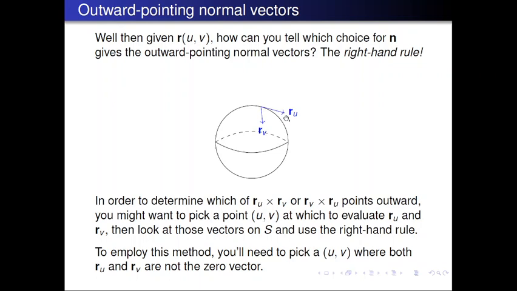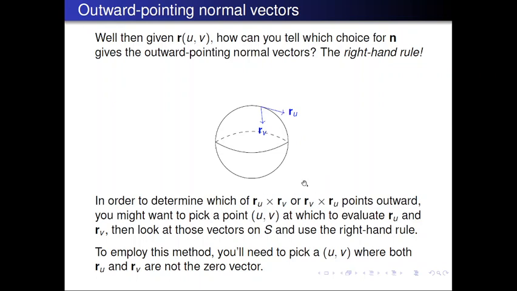If you have two distinct pieces to your surface that have two different parameterizations, you will need to check each different piece. But for something nice like this that's given to us in one piece, we can just test at one point. So we'll pick some point and evaluate the vectors r sub u and r sub v, and maybe even draw those down on the surface if you like, and then use either the right-hand rule or take the cross product yourself and draw that one down and see which one points outwards.